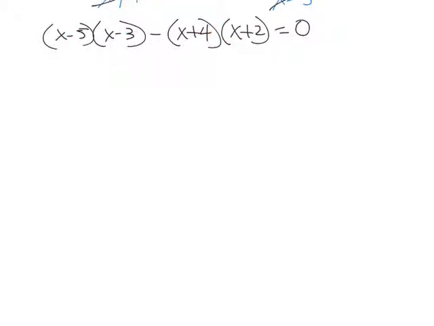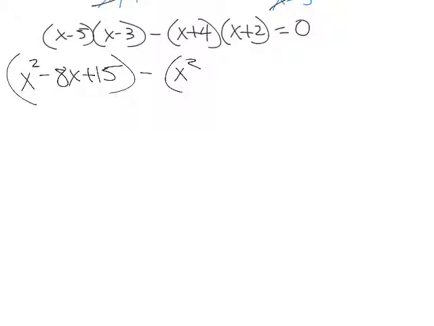And when I do the FOIL method, which I'm not going to show you, you already know how to do that, I get x squared minus 8x plus 15, and that's in parentheses, minus, and I'm just putting them in parentheses because of that minus sign, x squared plus 6x plus 8 equals 0. And when I take the parentheses off, it changes all of my signs to their opposites. Don't forget to do that.